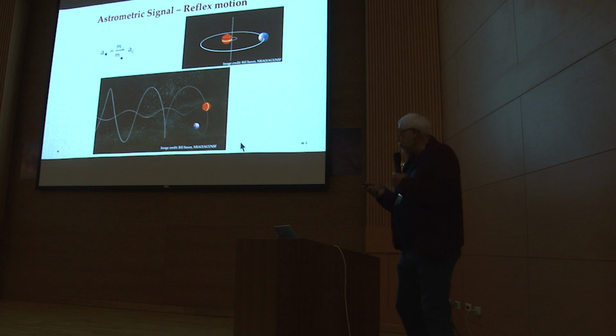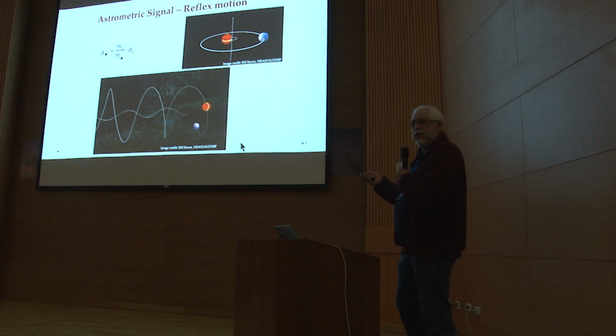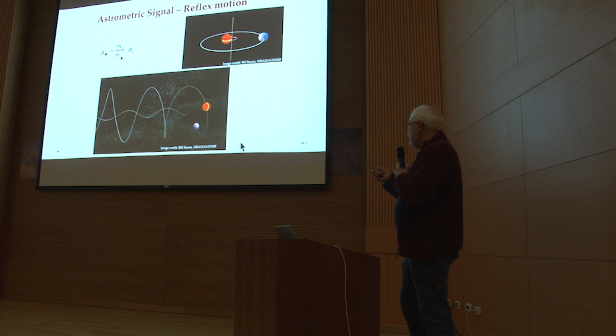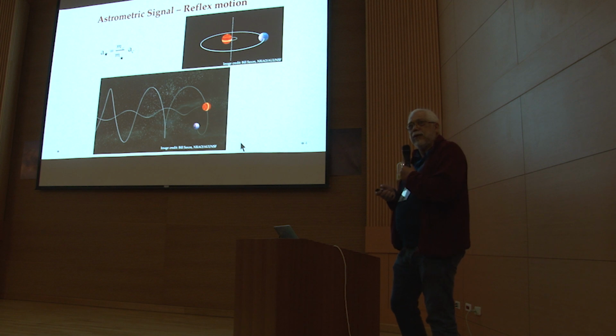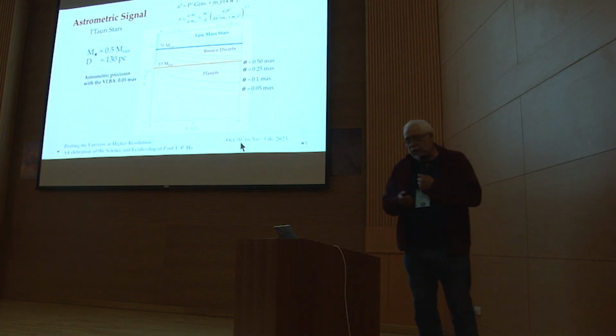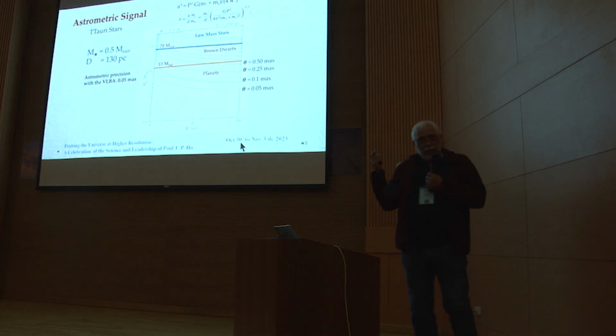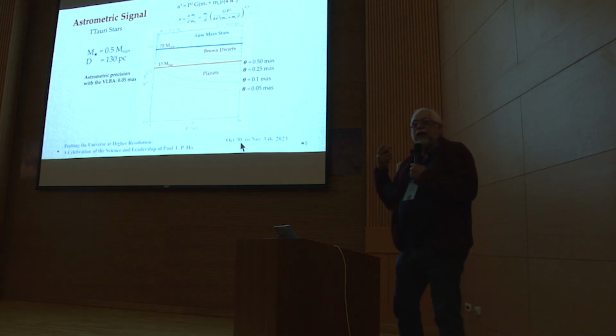So what we're looking for is the astrometrical signal, which is basically this equation. It depends on the mass of the star, the mass of the companion in general, and the distance of the companion to the center of mass. So this little thing here is the astrometrical signal, the thing that we're looking for. So we can see what to expect depending on the mass of the star, depending on the orbital period.